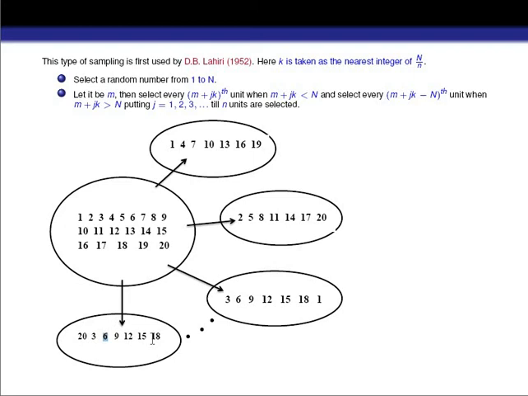That's why if we have a complete and up-to-date list of the sampling units, systematic sampling is the preferred choice. Systematic sampling may be used in a forest survey. Suppose we want to draw a sample of trees from a forest. In that case systematic sampling is a better option compared to the others.